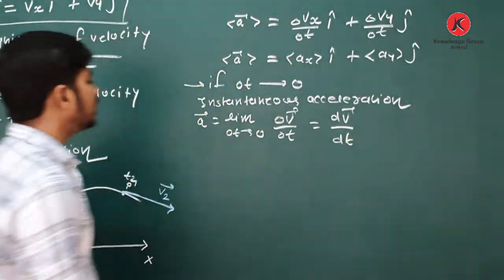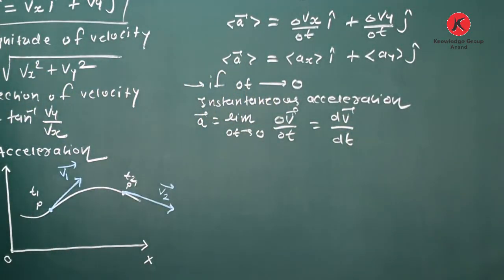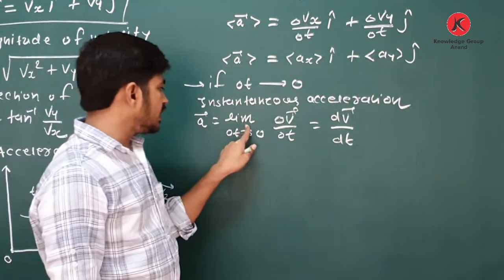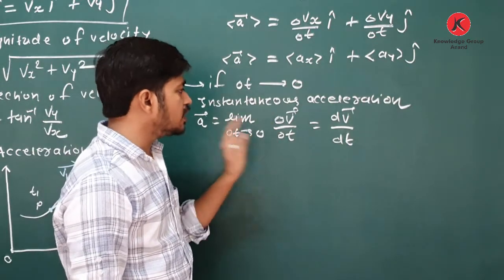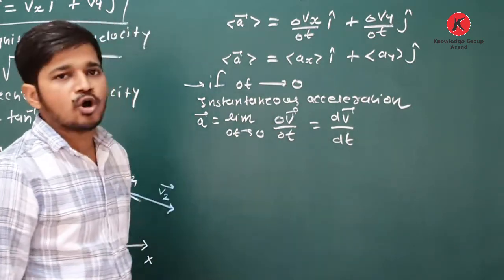Just as v is equal to dr upon dt, a is equal to dv upon dt.